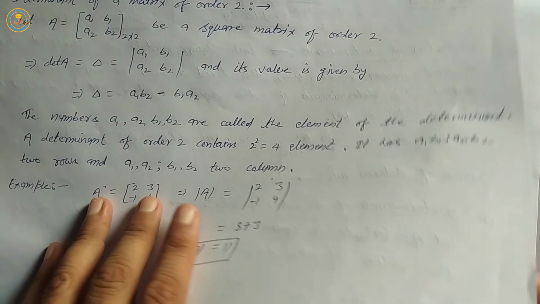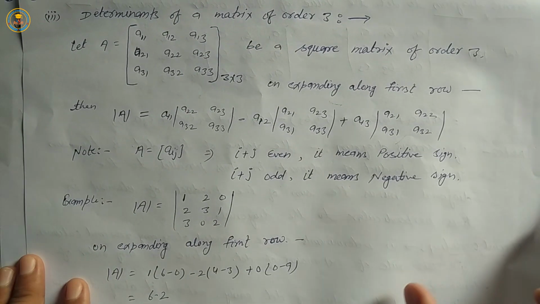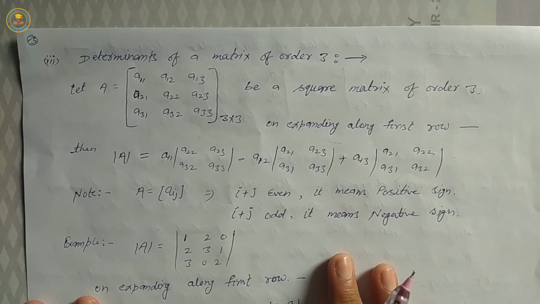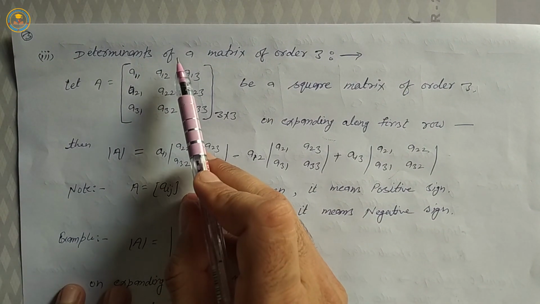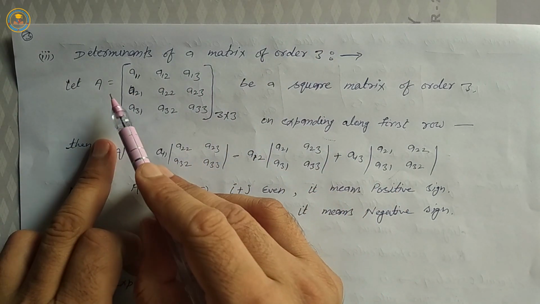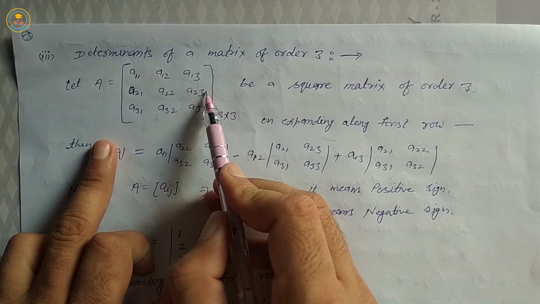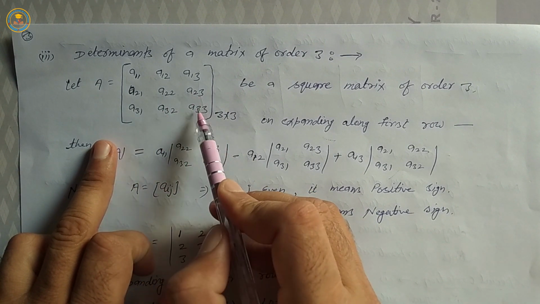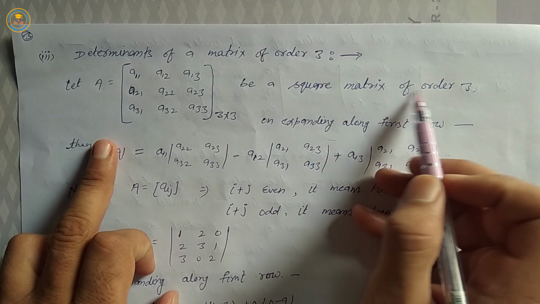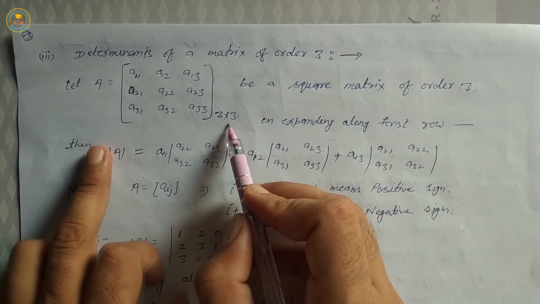Next type, determinants of a matrix of order 3. Let A is equal to a11, a12, a13, a21, a22, a23, a31, a32, a33 be a square matrix of order 3. It means 3 by 3, rows equal to columns. Okay.